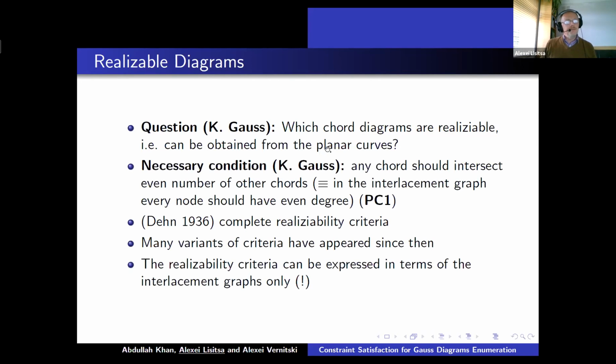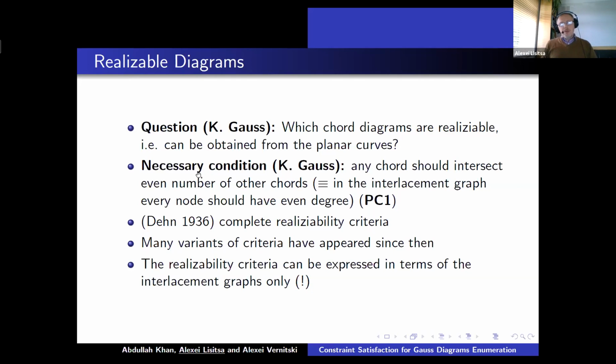He proposed already then, around 1800, that every chord in a chord diagram should intersect an even number of other chords. In terms of the interlacement graph, it means every vertex should have even degree. Easy to see, if it's violated, you cannot embed this curve into the plane.